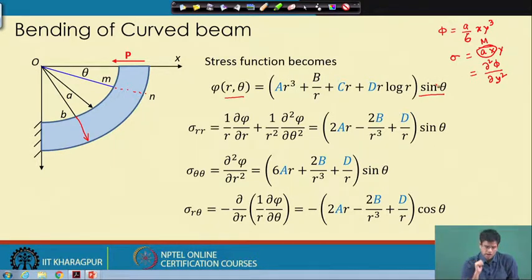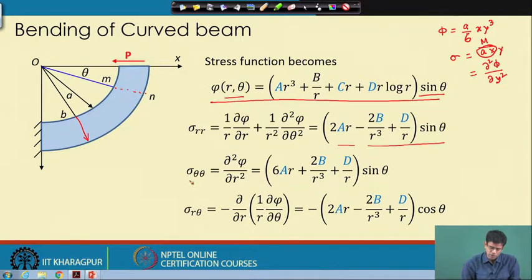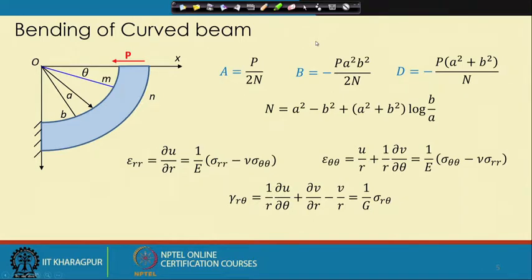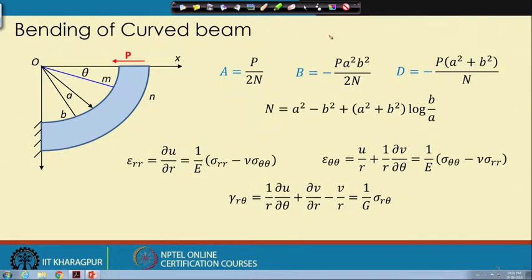Similar to this concept, here also we choose sine theta. Now, with this approximation of the stress function phi, we found sigma r of this form, sigma theta theta of this form, and sigma r theta, which is non-zero, of this form. Next, our job is to find the strains and displacements.